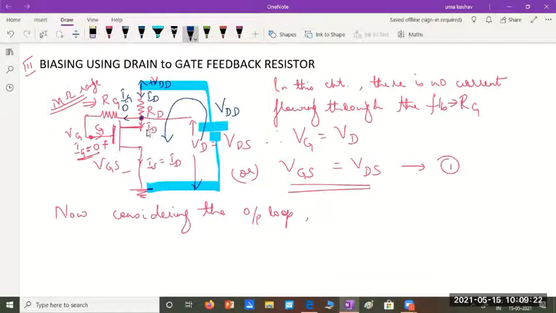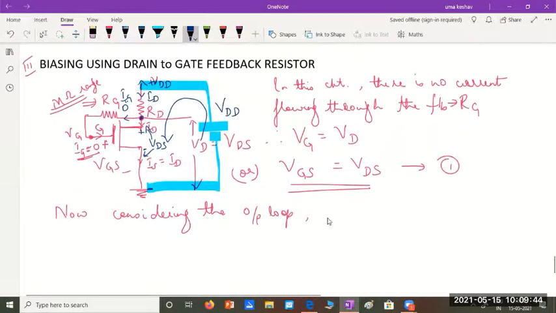Do I have any other voltages on this output side? Please remember, you shouldn't forget the device voltages. There will surely be a voltage between the drain and source terminal VDS, as there is a voltage between gate and source terminals. So can you tell me the KVL equation of this output loop?